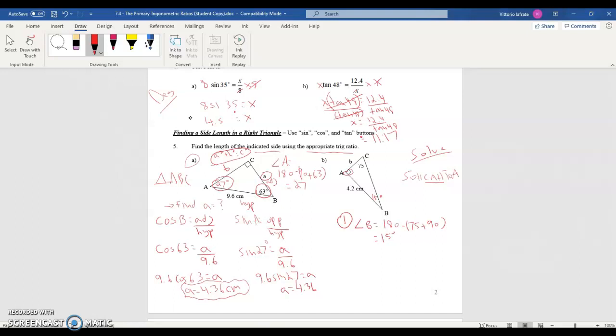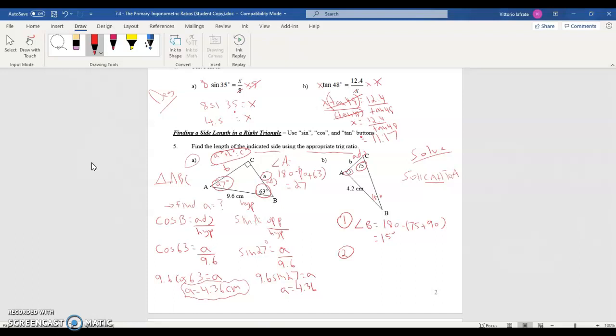I'm first going to solve for side B. So we want to find side B. I'm going to use the angle that they gave us in the question, which is 75. So how does side B relate to 75? Side B is touching 75, so side B would be the adjacent side to angle 75.